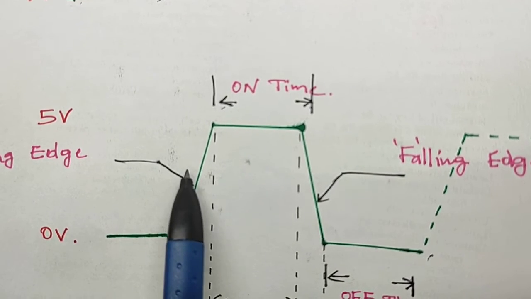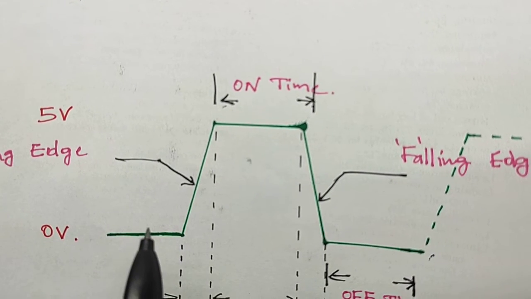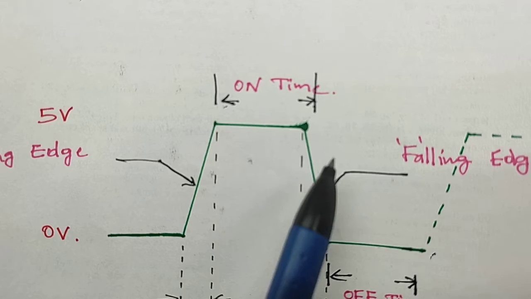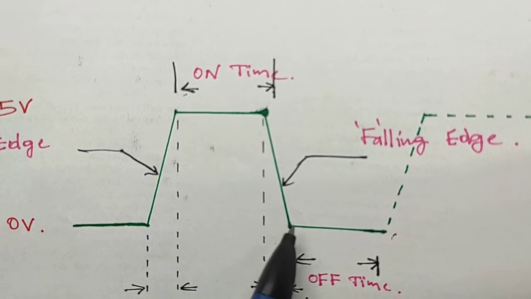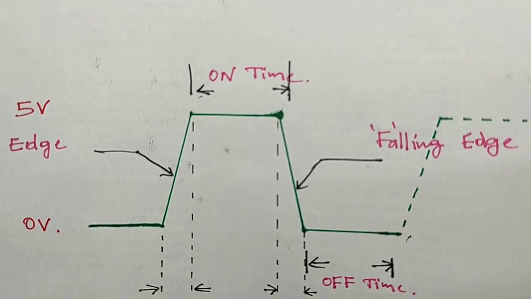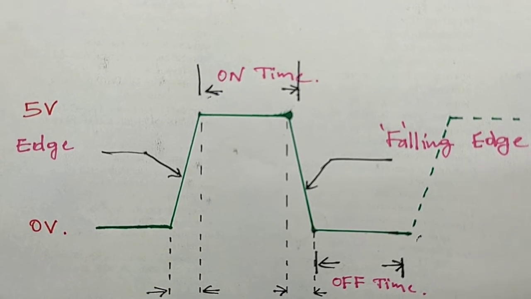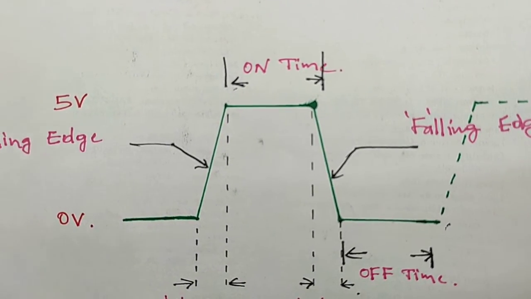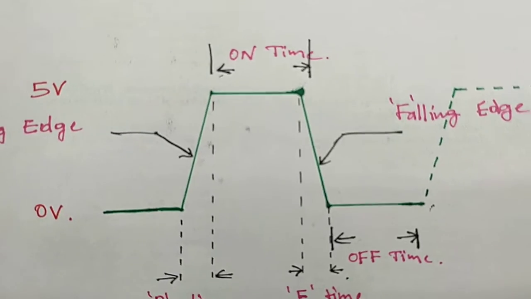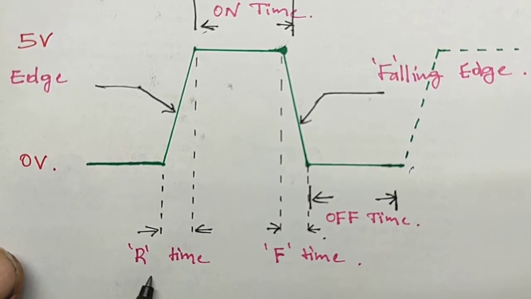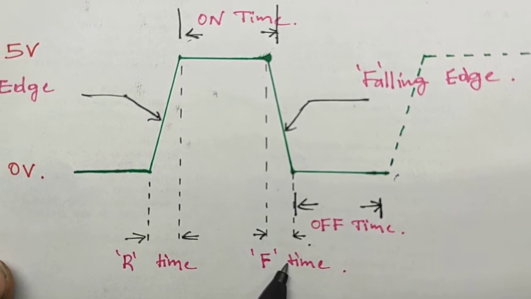The rising edge means going from 0 to 5 volts. The falling edge goes from 5 volts to 0 volts. This edge timing is most important in the computer clock. The edge timing is rising time and falling time.